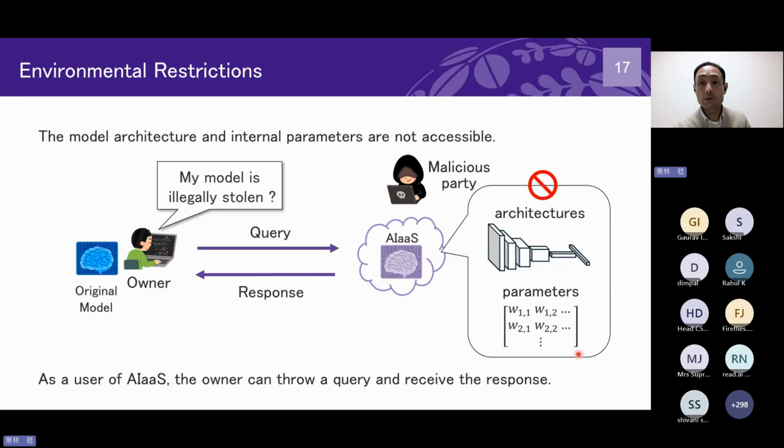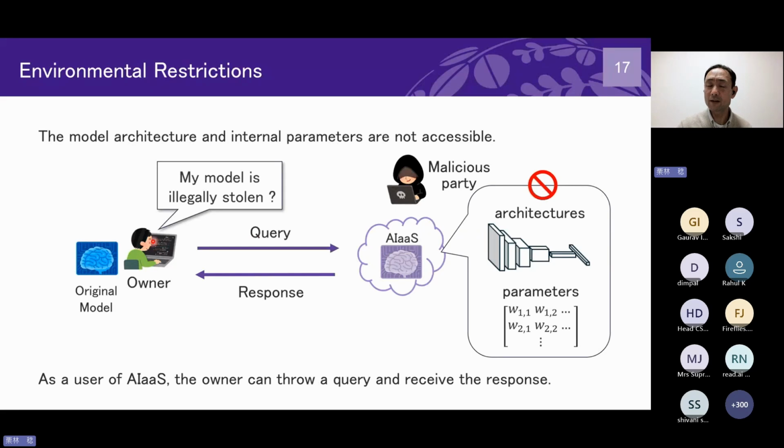So this slide shows an example of the ownership protection, the watermark verification process. Here is the owner, and here is the malicious party. The malicious party deploys a stolen model at the cloud server. And the owner will suspect the model in the cloud server could be my model.